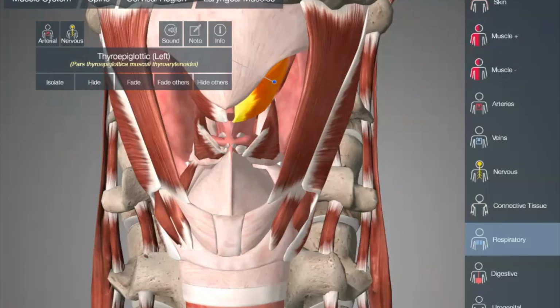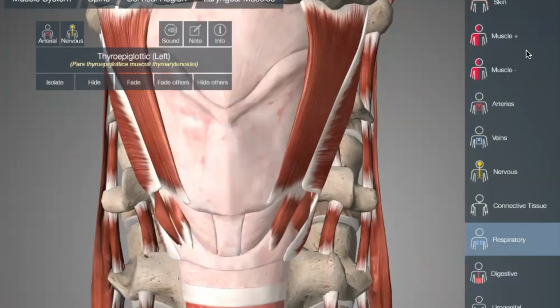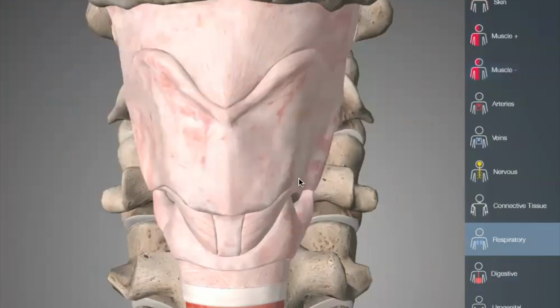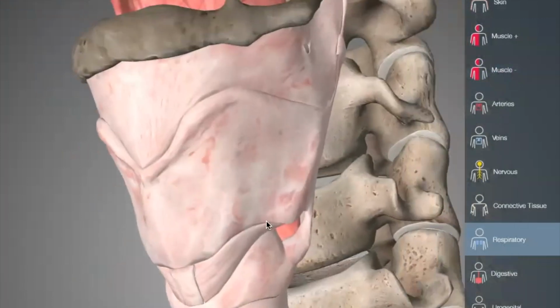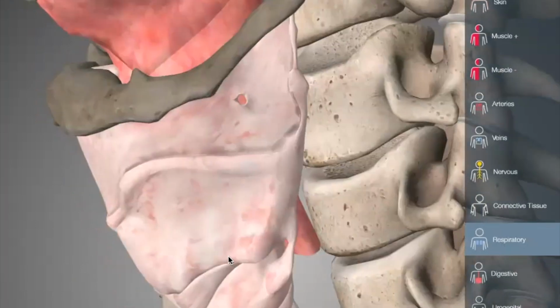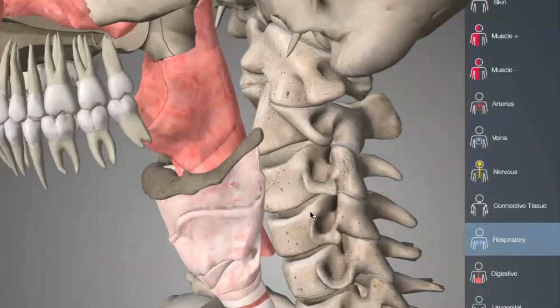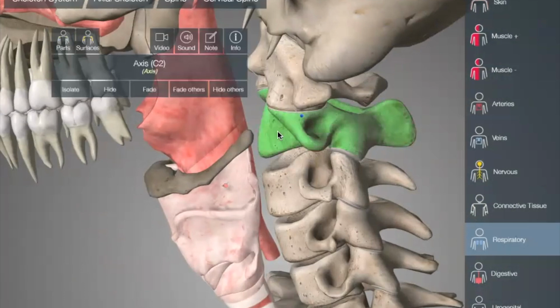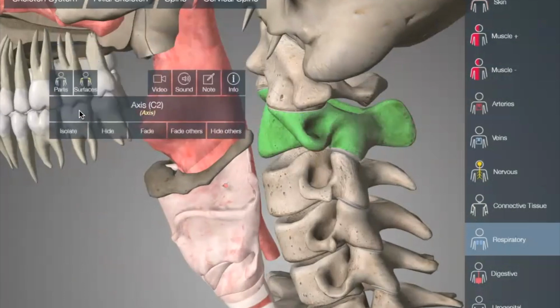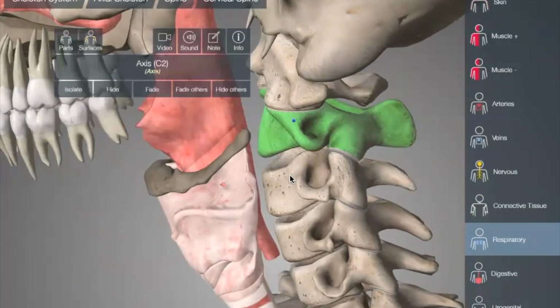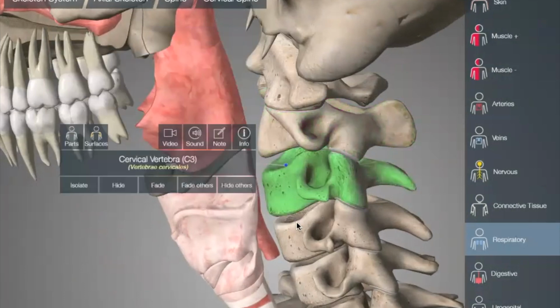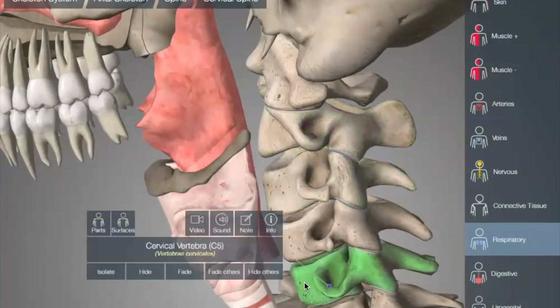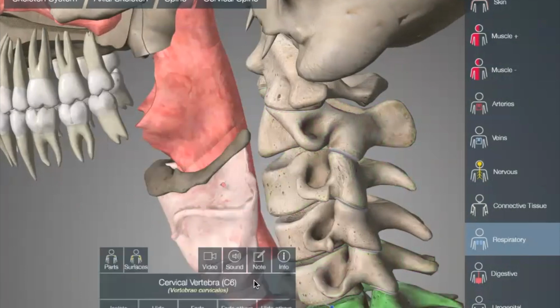And so the first thing we know, it's located in the anterior compartment, okay? And it's located between C3, okay? Sorry, C3 right here, and C6 right there.